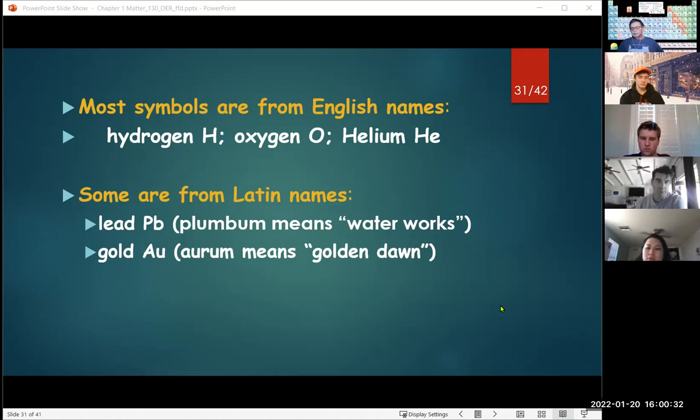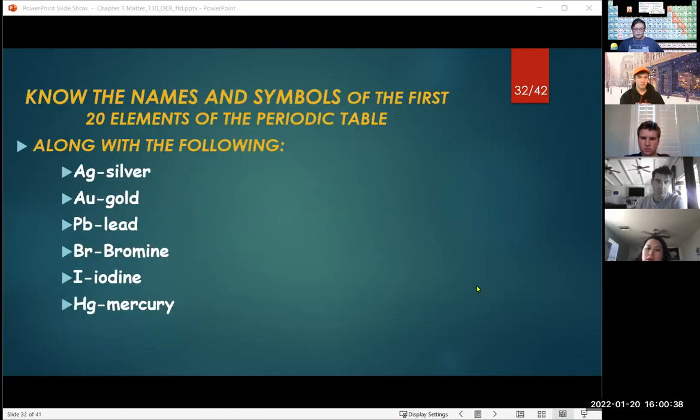Au comes from the Latin term aurum, which means golden dawn. So the symbol for gold is Au. Now, be familiar with the first 20, along with the following ones: Ag for silver, Au for gold, Pb for lead, Br for bromine, I for iodine, and Hg for mercury.